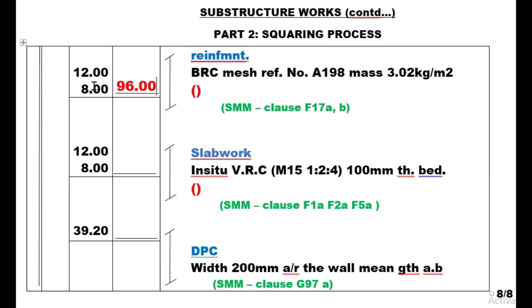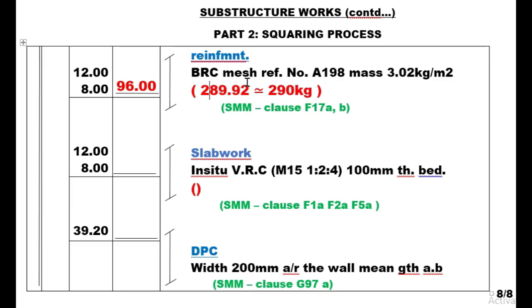Remember, these units are in meters. So for me to get the total mass of this mesh, I multiply this by this, for which if I do, I'm getting 289.92, approximately 290 kilograms. So if I'm now proceeding to prepare Bills of Quantities, this is the mass of this mesh that I'm going to build now.